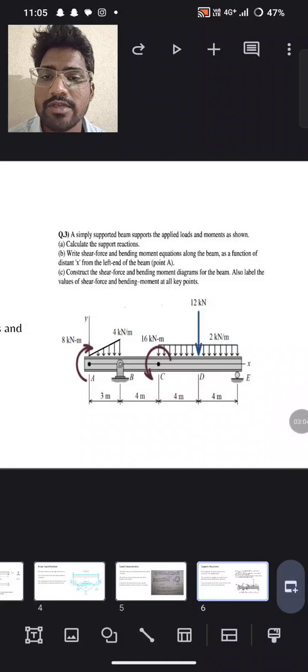B: Write the shear force and bending moment equations along the beam as a function of distance x from the left end of the beam, point A. C: Construct the shear force and bending moment diagrams for the beam. Also label the values of shear force and bending moment at all key points.